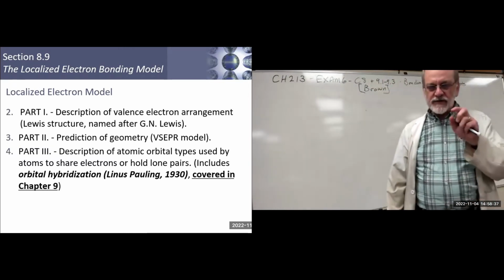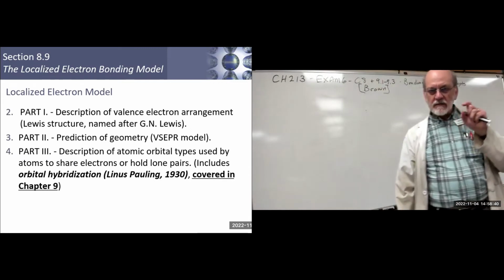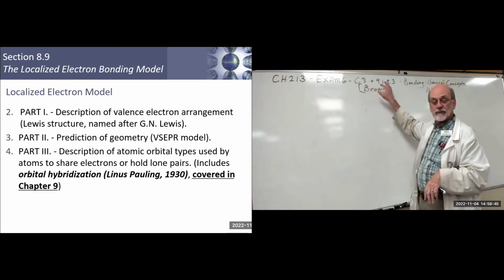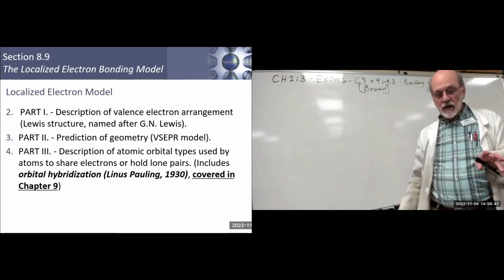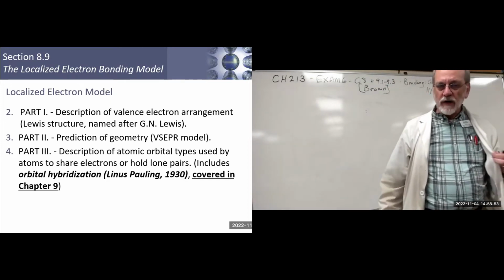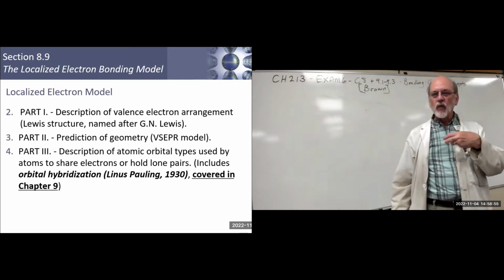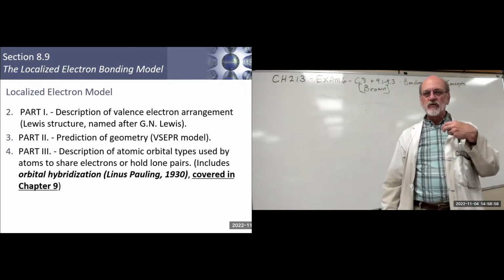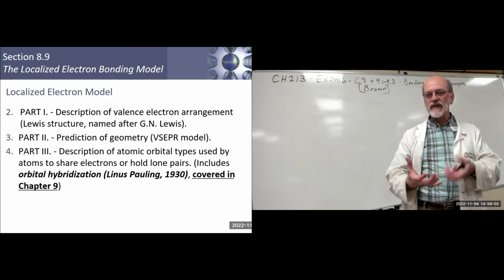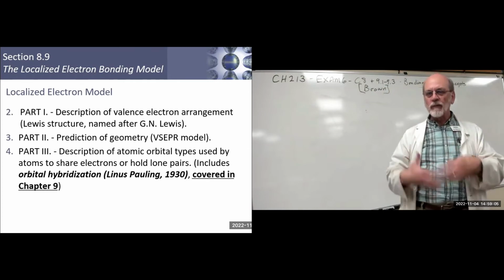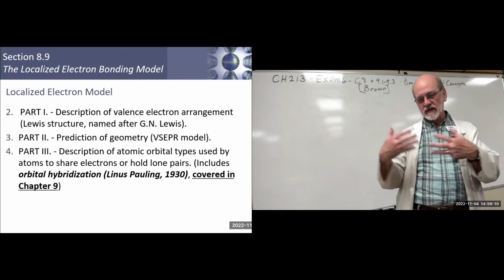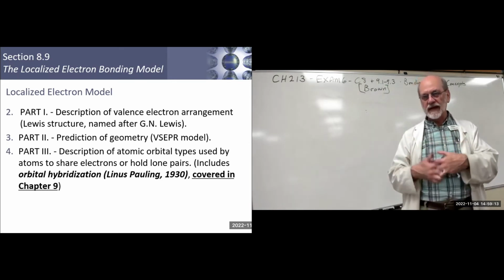Okay, this just tells you that for this exam and with this material from chapter 8 and 9.1 and 9.3 in your book, we're only going to discuss part 1 and part 2. Part 1, we're going to introduce a way of drawing those valence electrons around the symbol for the atom in such a way that it helps us form compounds and make some sense about the reactivity and where the bonds form and how many they form.